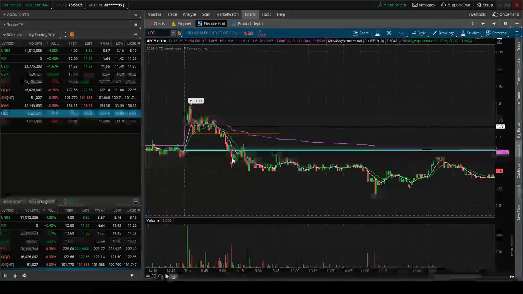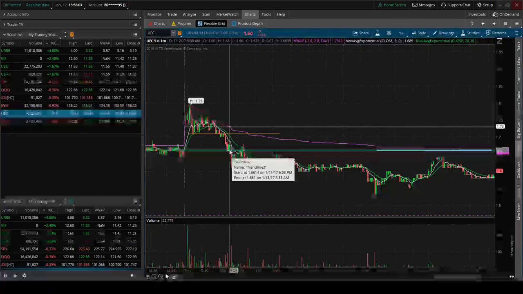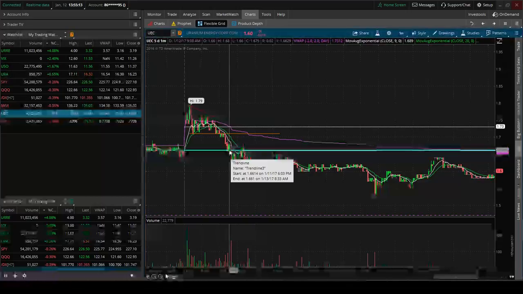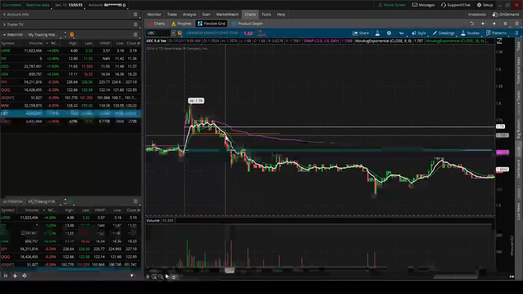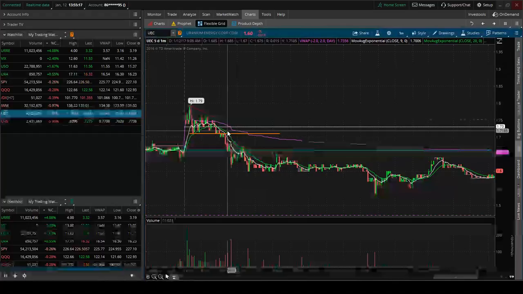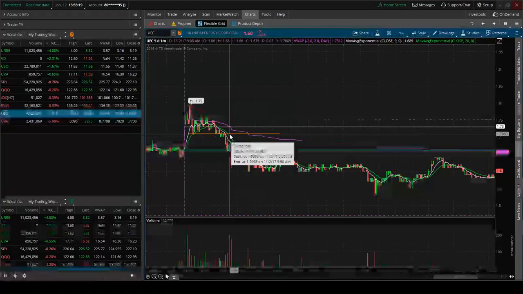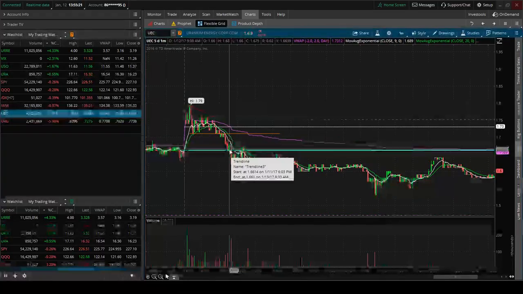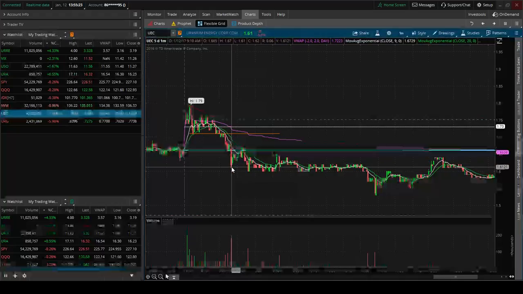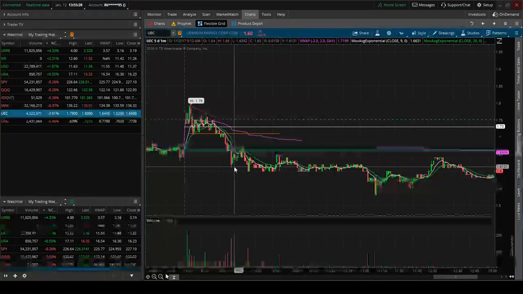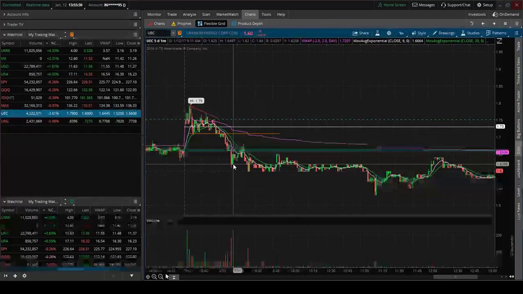At this point, there were some bids stacking up, so I decided to close around half or a little bit more than half. Of course, I raised my stop to 171, so in case I did get stopped out, at least I made some money in this trade. But I did hold again for the potential flush. The flush did happen, and I ended up closing the rest of my shares at 162.